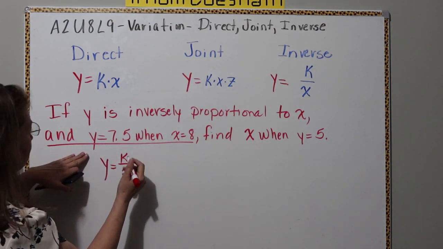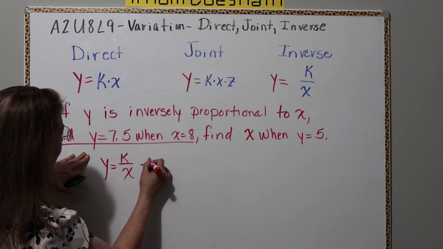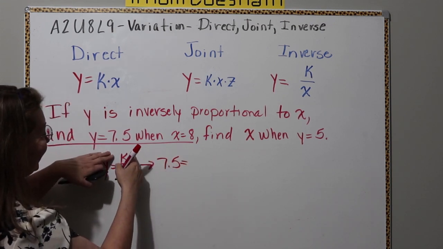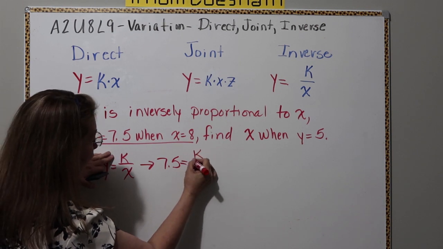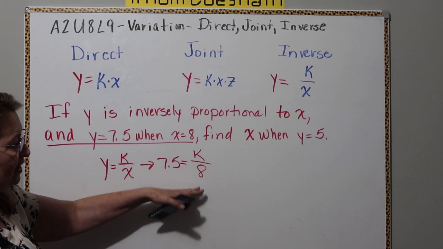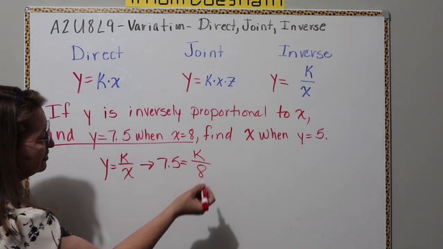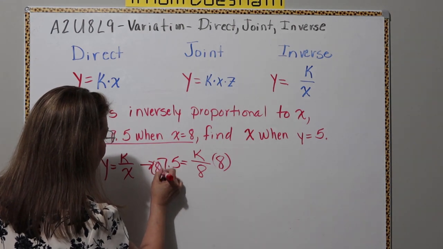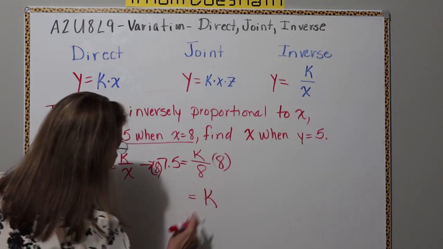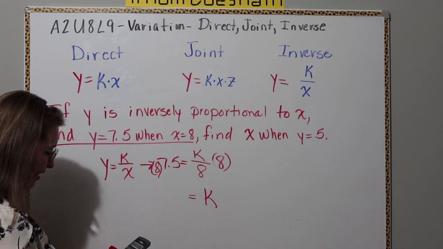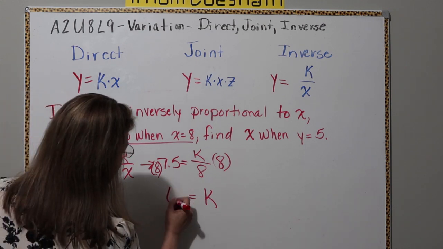All right, so our first one says y is equal to 7.5 when k, which we don't know, over 8. Now, here's your equation. How do you solve this? Your variable is divided by 8, so you're going to multiply both sides by 8. So k, your constant, is equal to 8 times 7.5, which gives you 60.